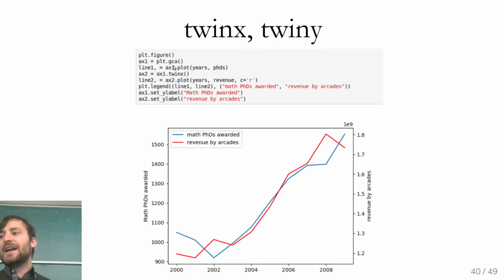In the second axis, x2, I'm going to plot the revenue in red. And so I can show both of these, and I can show their correlation, and I see that there must be some causation between these, obviously.